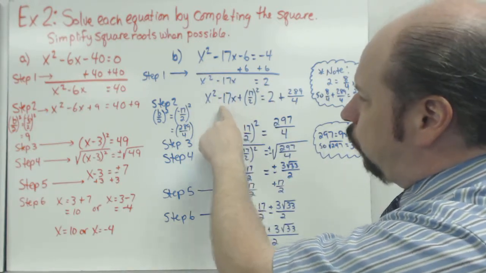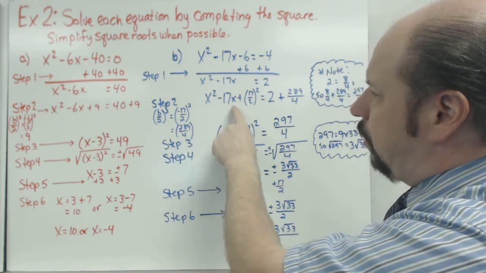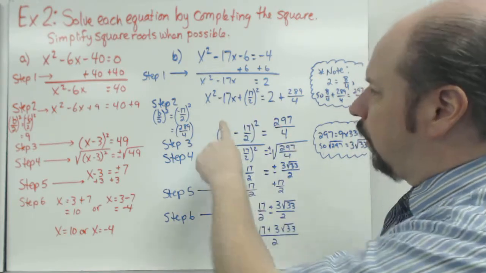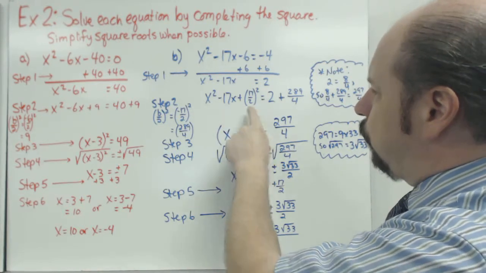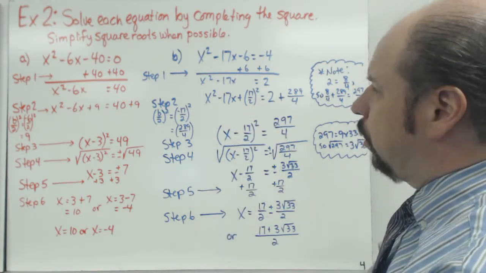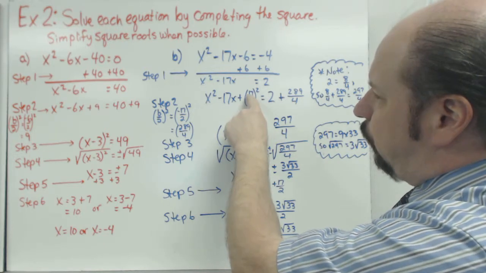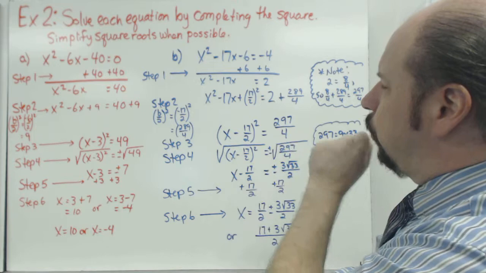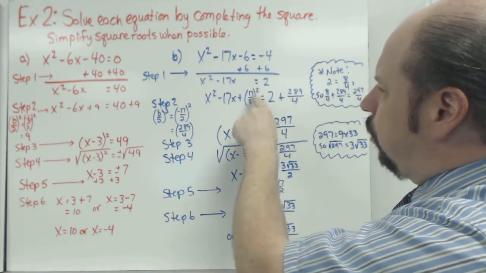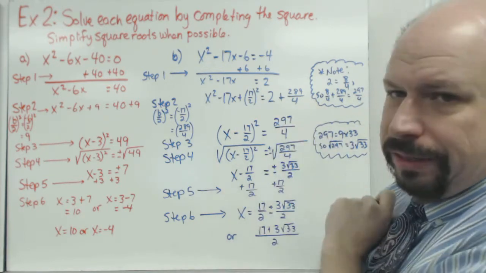Okay, so now we need half of b, squared. So half of negative 17, which is negative 17 over 2, squared, and that really should be negative in there, sorry, but negative 17 over 2 squared is 289 over 4.